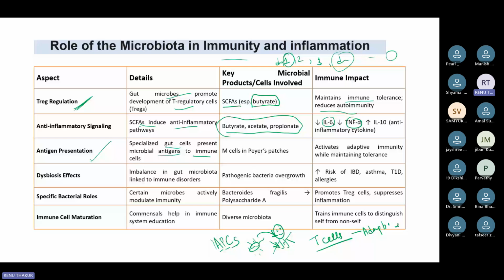APCs like dendritic cells, macrophages, and B cells are the antigen messengers that take up the antigen from the pathogen, process it, and display it on the cell surface. They do this with the help of MHCs, the major histocompatibility complex.